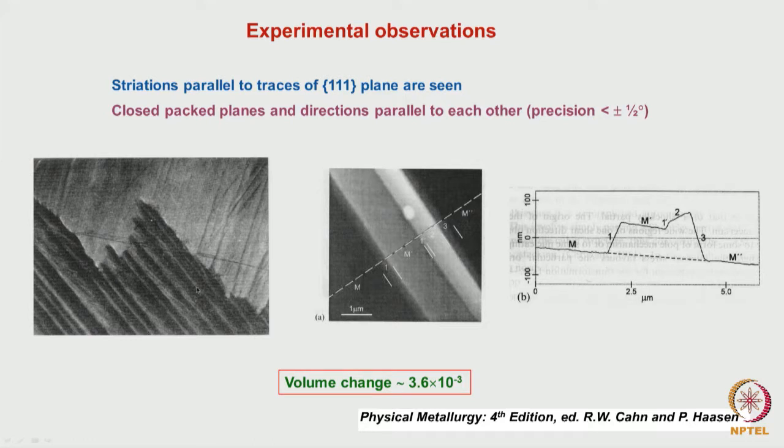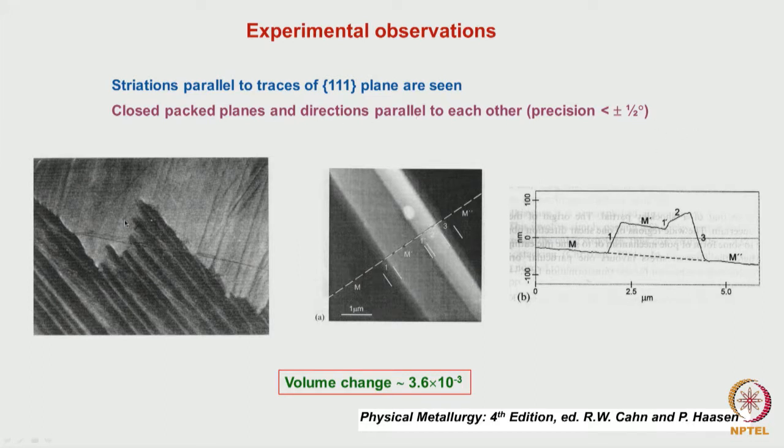Between close-packed planes and close-packed directions, from electron microscopy or X-ray diffraction, people try to find out the orientation relationship. It has been seen that the planes and directions agree within plus or minus half a degree. They have been precisely measured. That is what has been observed.